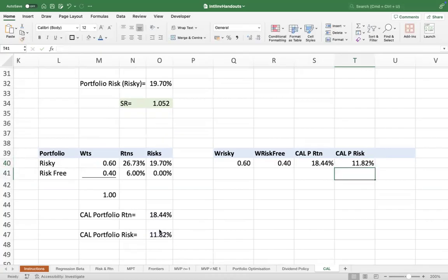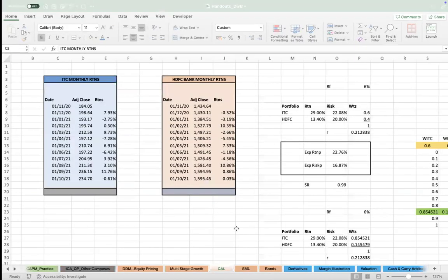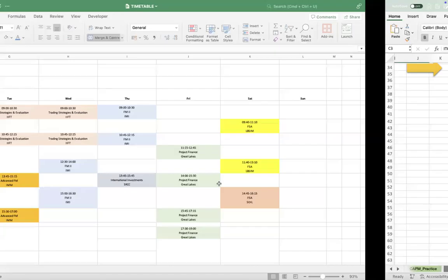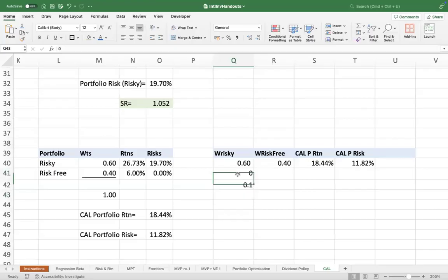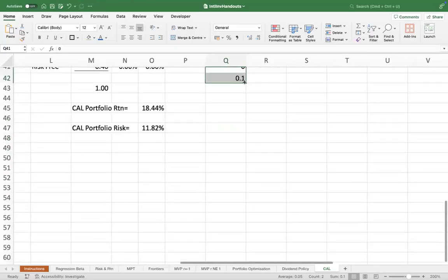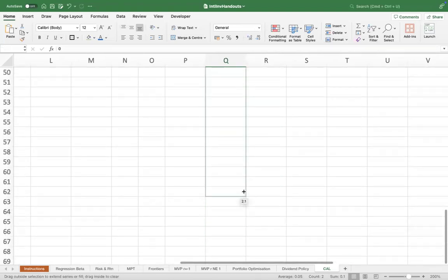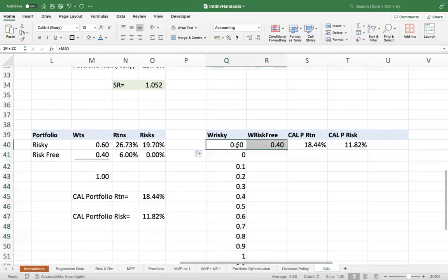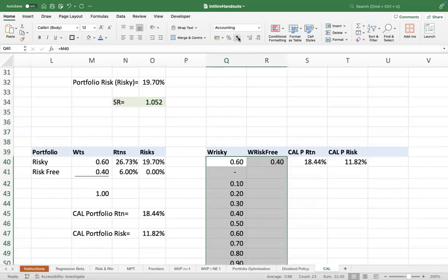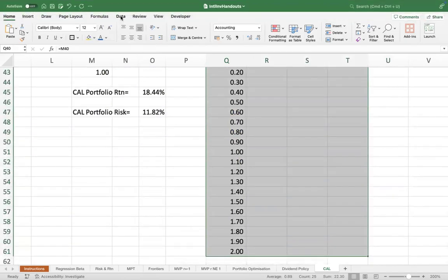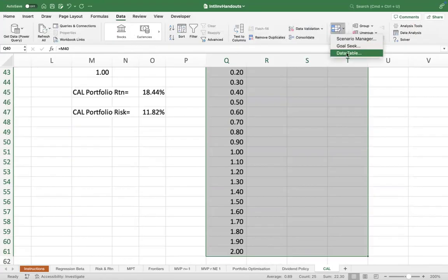CAL portfolio risk from here. And now I take starting from 0 to 1. In fact, we can go up to 2. This is your base case again. And let's try and plot the data table and see what happens.